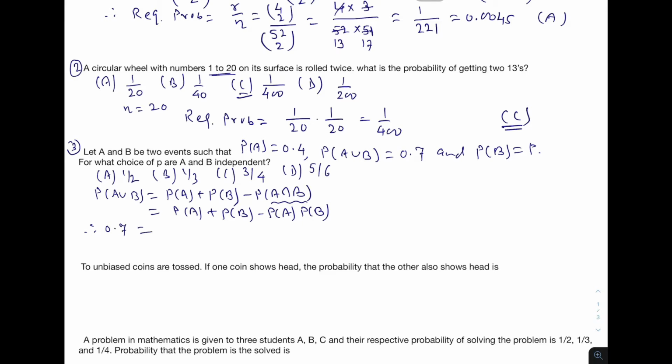P of A is 0.4, and P of B is p. So we are having 0.7 equal to 0.4 plus 0.6p.